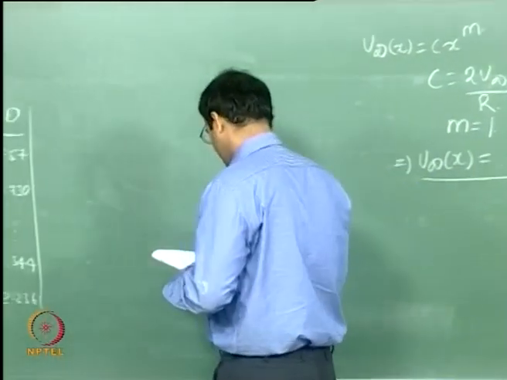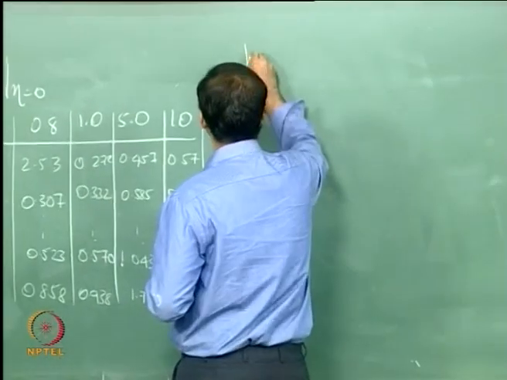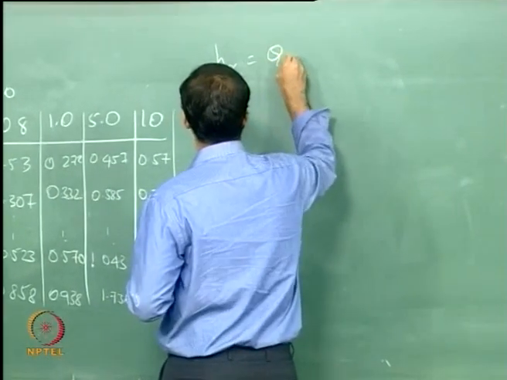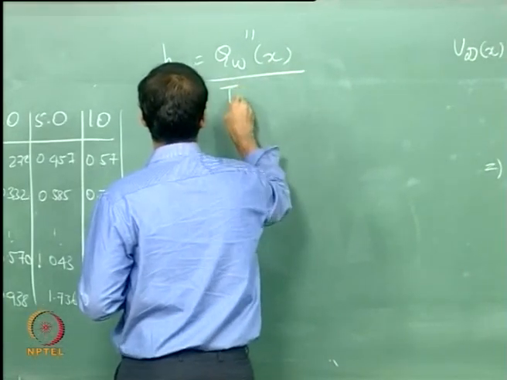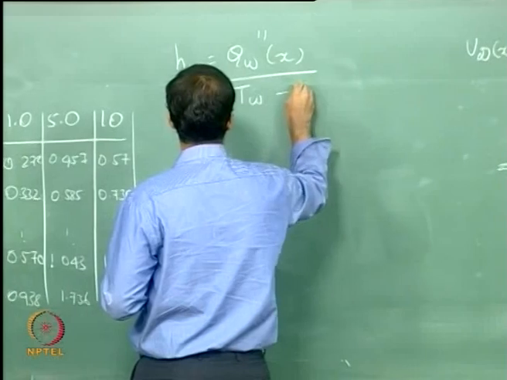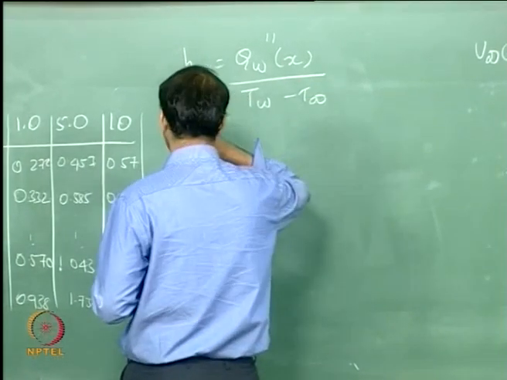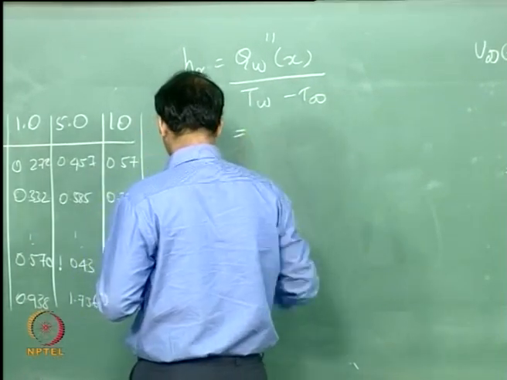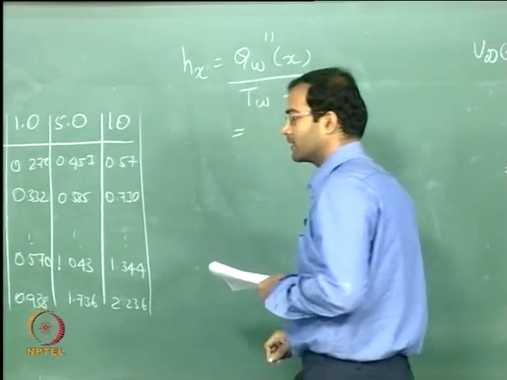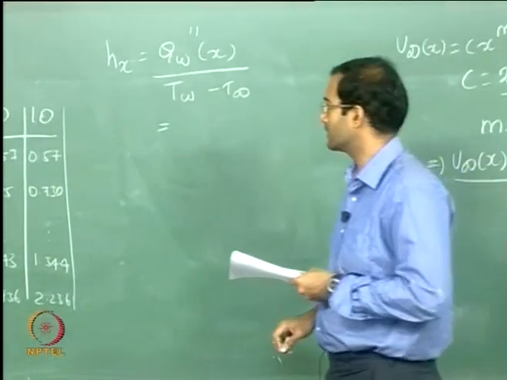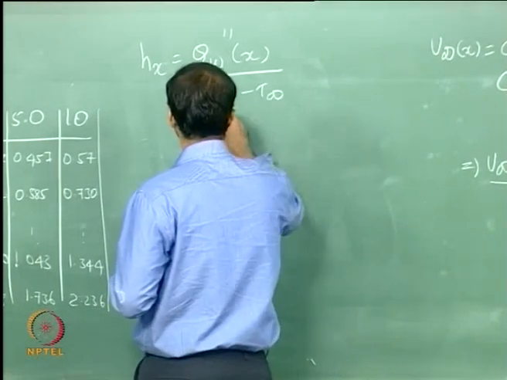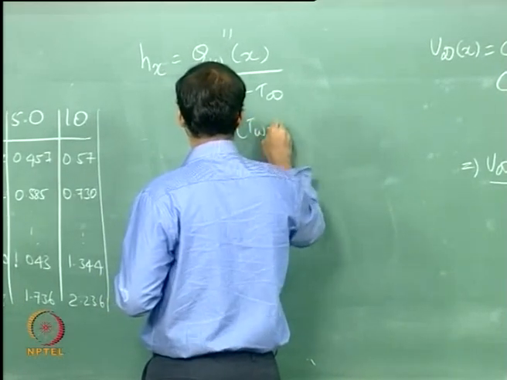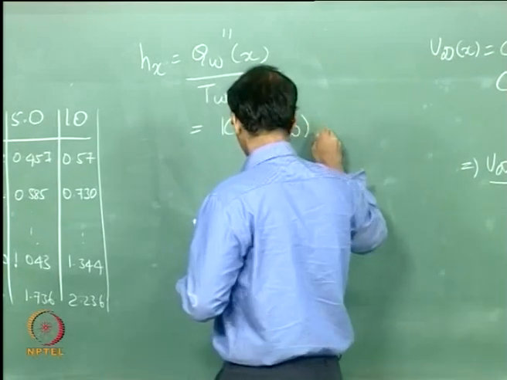So you can define your local heat transfer coefficient the same way, the wall heat flux divided by T wall minus T infinity. If you substitute for minus k dT by dy at y equal to 0 and write in terms of d theta by d eta, you should get k into T wall minus T infinity.